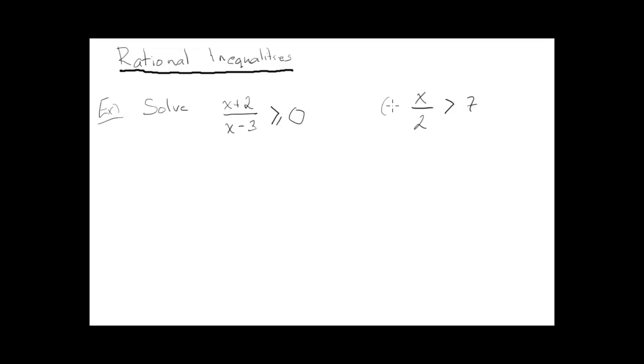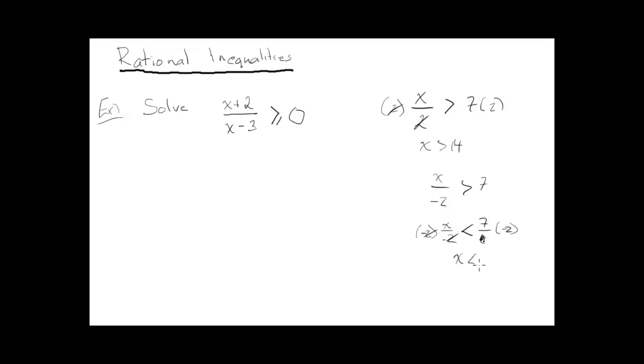If I multiply both sides of this inequality by 2, that's allowed, and then I would have x is bigger than 14. But if it was x over negative 2 bigger than 7, then when you multiply both sides by negative 2, you have to do something. What you have to do is switch the direction of the inequality.